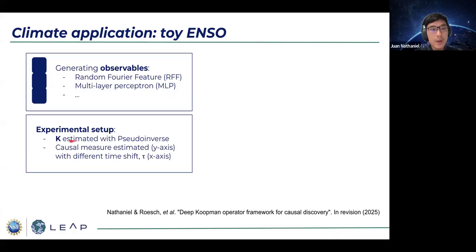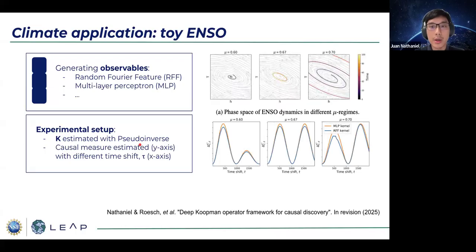In the experimental setup, the operator K here is just a pseudo inverse, so there's no neural network learning here. And the causal measure is estimated given our sketch setup earlier. On the top row here are the different regimes and their oscillatory behaviors, color coded in time. This is the stable one, and this is the blowing up one.